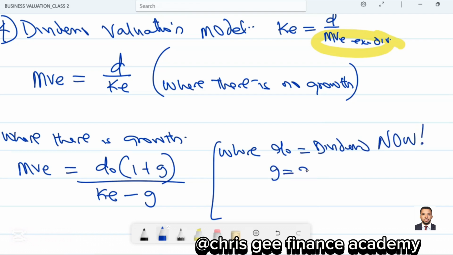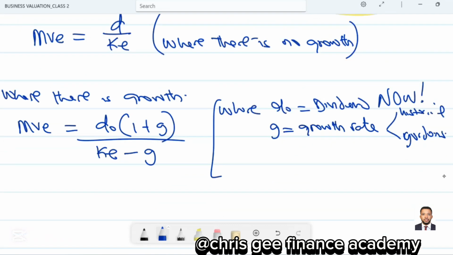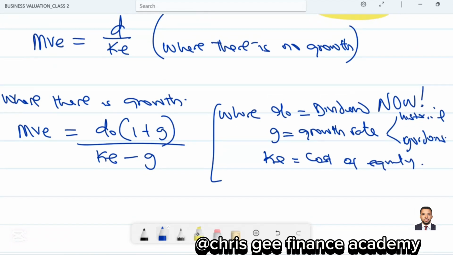G equals the growth rate, determined using two models: historical and Gordon's model. And then our KE is what, guys? Cost of equity. We're done with this.